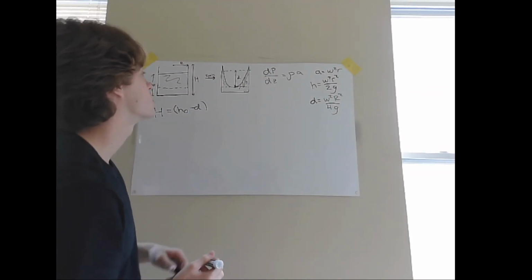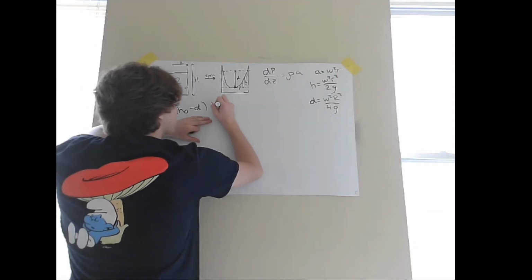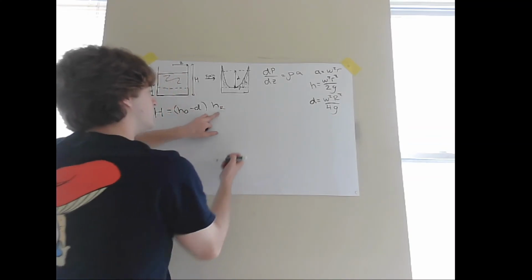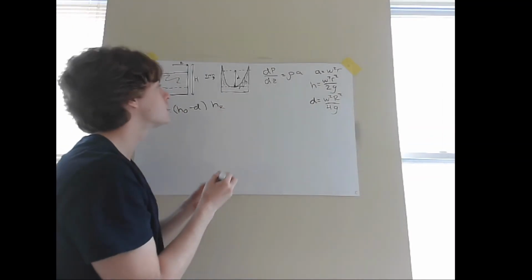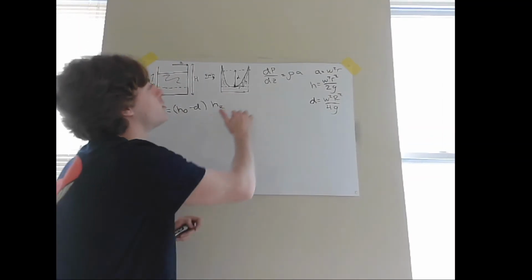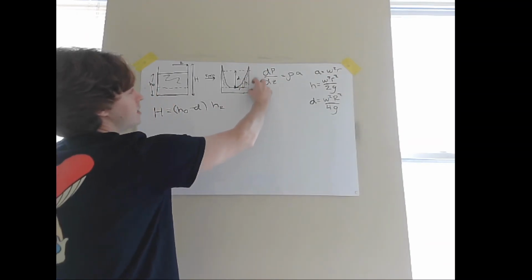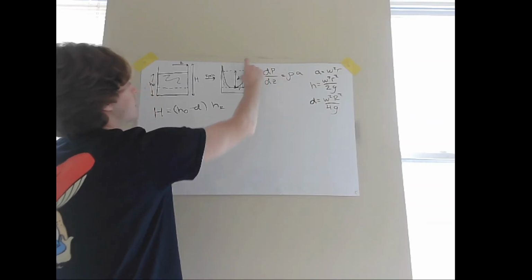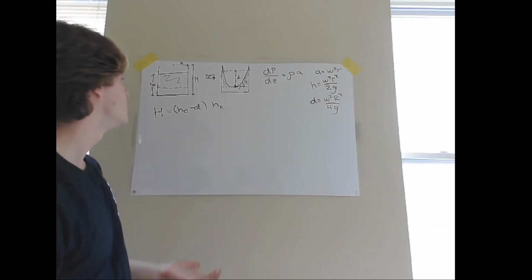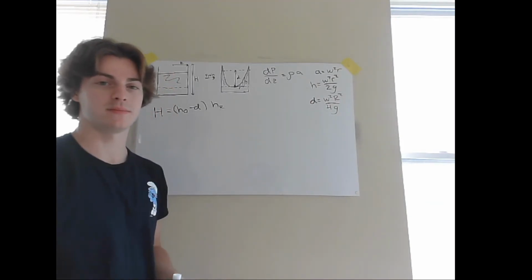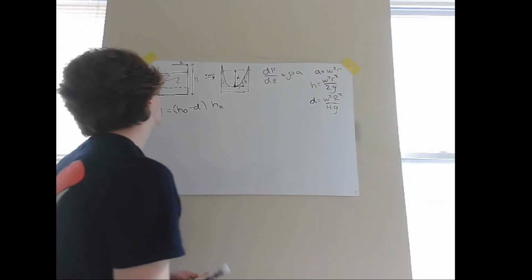And so that is just going to be our H max, or H at big R, right? Because the fluid is going to be all the way up to the top of the cup without spilling over. So we have the height here and the height here, and that is going to equal the total height of the cup. Now what's left is to just plug in our values for H and D and solve for the angular frequency.